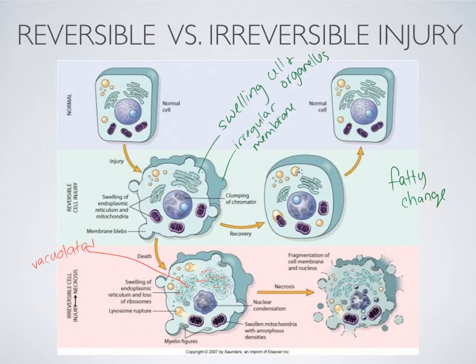Really important, with reversible cell injury, you don't see many signs of nuclear changes. So the nucleus is still pretty much intact. You may see a little bit of clumping of chromatin. Chromatin is one of the proteins that the DNA is wrapped around, structurally supporting the DNA, but you don't see clumping of DNA, you don't see the nucleus starting to change the way you do in irreversible cell injury.